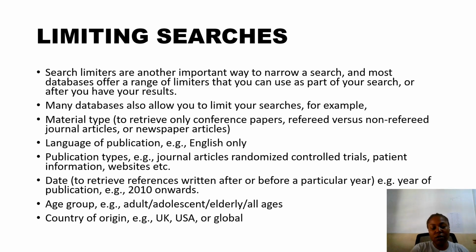If you're looking for Tanzania, you say Tanzania. Then all the papers will come out from Tanzania. So these are just examples of how you can limit your searches so that you get what you want. So you can limit by the type of scholarly articles you are looking for, language, publication types, date, age group, country of origin. This is best practice.